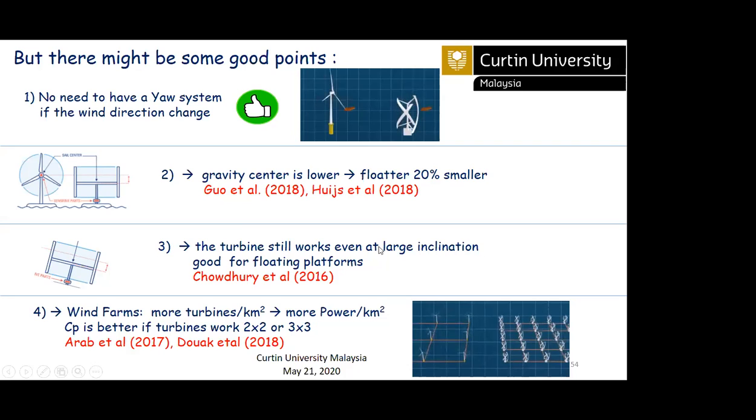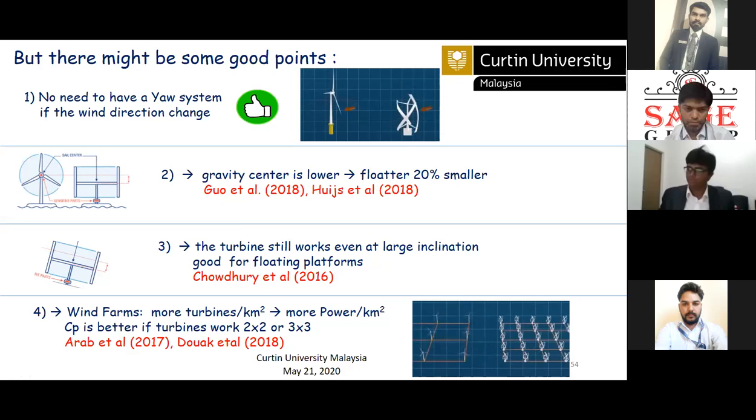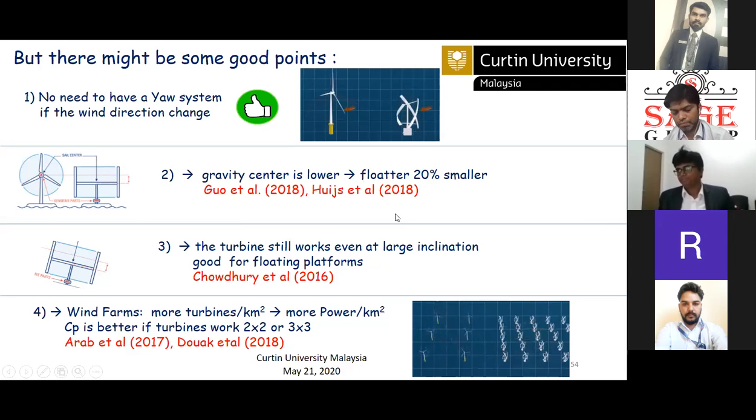And for multi-turbine installation in an offshore wind farm, we can install a number of vertical axis wind turbines in a close area as compared to horizontal axis windmills, so the power production per area will be much improved.